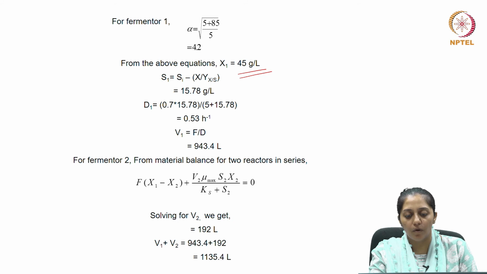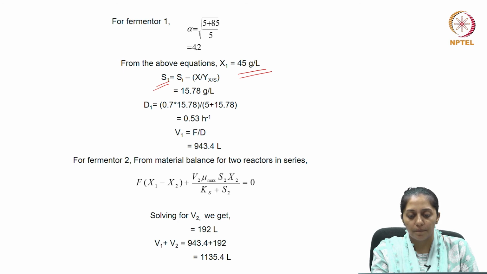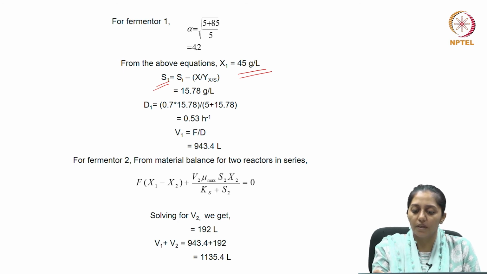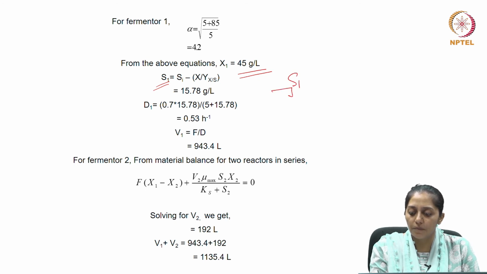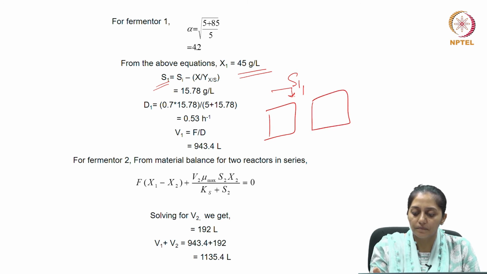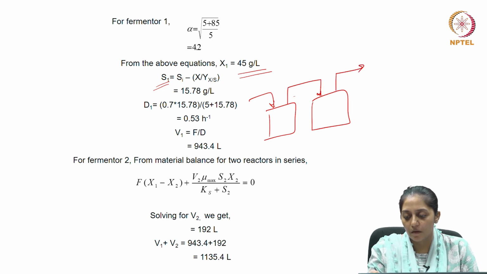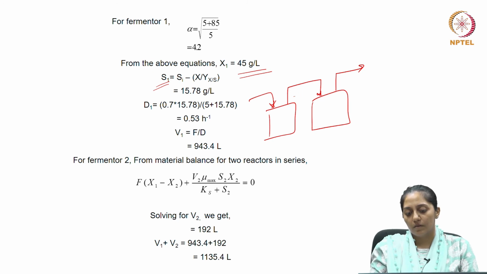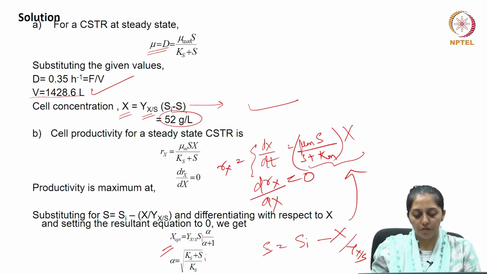We determine the value of residual substrate concentration using the biomass. So, now if you notice, this S1 is the stream which is coming out from the first reactor and entering the second, if two reactors are in series, so we have come to know the biomass, optimum biomass for the first reactor.